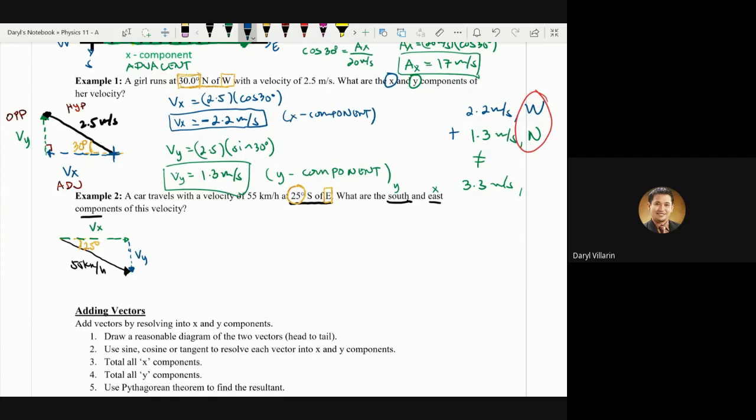Now, I will identify the different sides. Again, if you can see here, Vy and Vx are always perpendicular to each other, meaning they're 90 degrees apart. The hypotenuse is always the longest side.